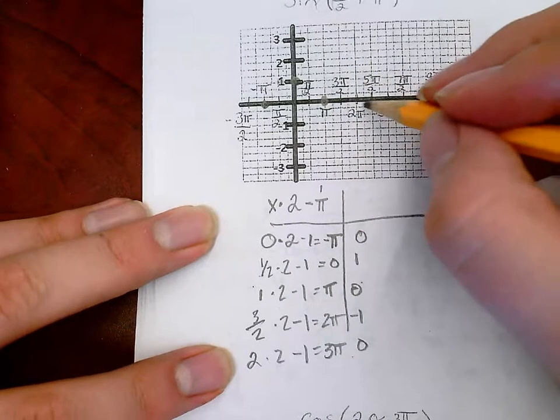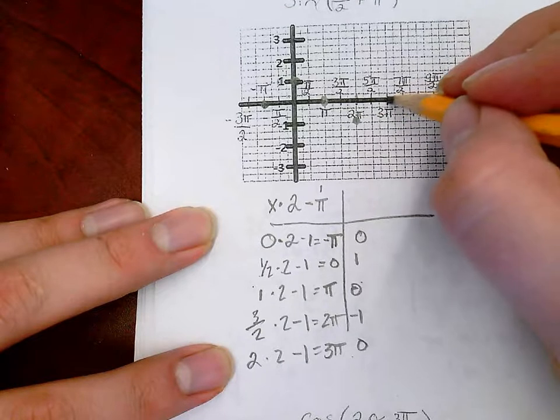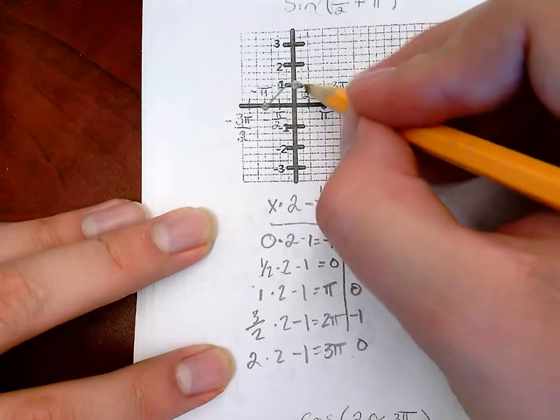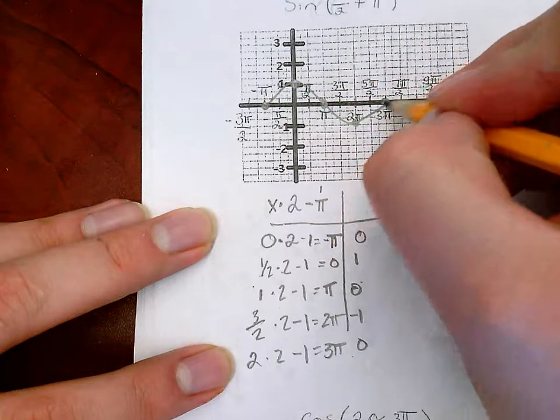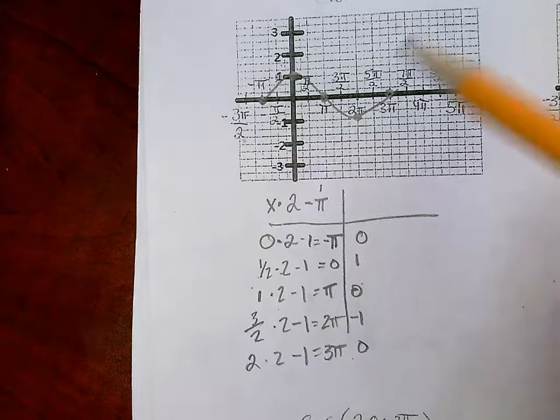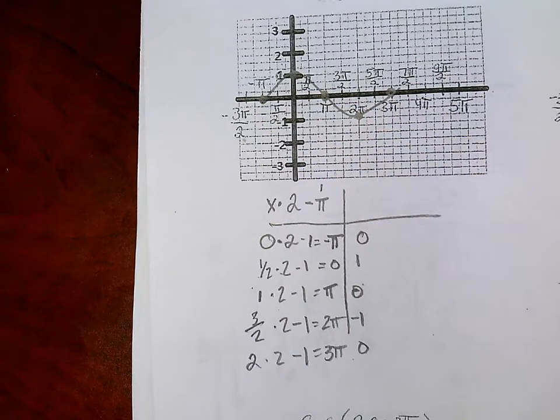Then we're going to go to 2 pi, go to negative 1. We're going to go to 3 pi, and we're going to put it at 0. So what your graph does is it actually expands out, so it stretches out, and it's shifted to the left 1 whole pi unit. All right? So that's how you do the adding, subtracting, and that's how you do the multiplication.